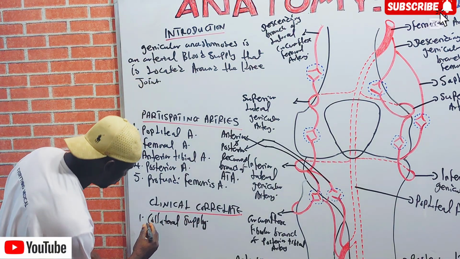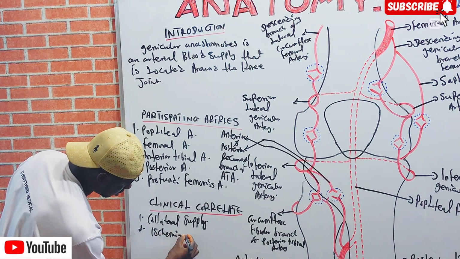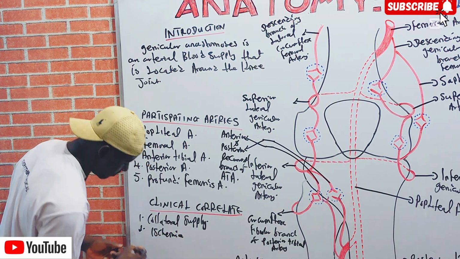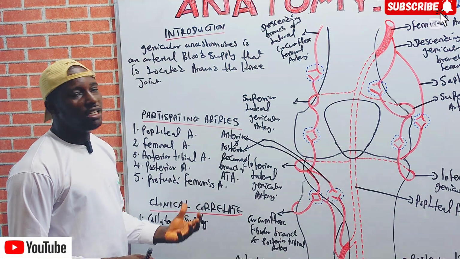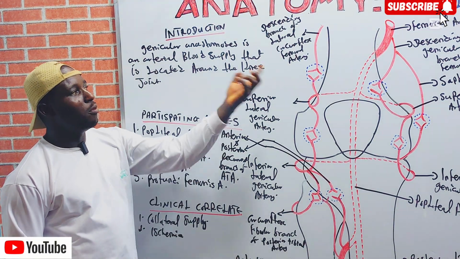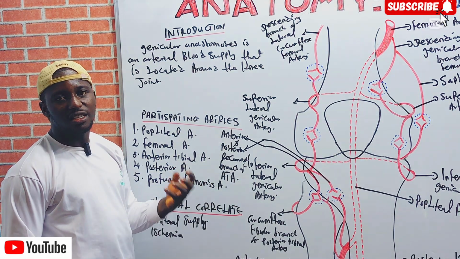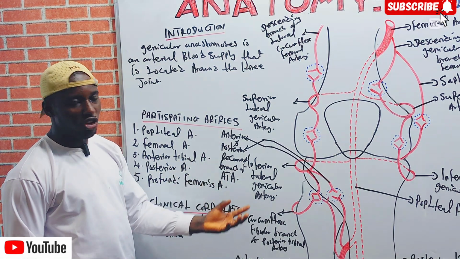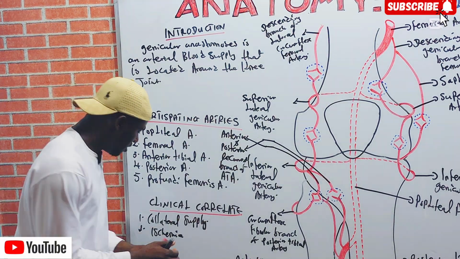The number two is ischemia. Ischemia could occur when there is a blockage of the femoral artery. You get? It could occur, thereby providing ischemic supply to the structures of the knee joint and the leg.